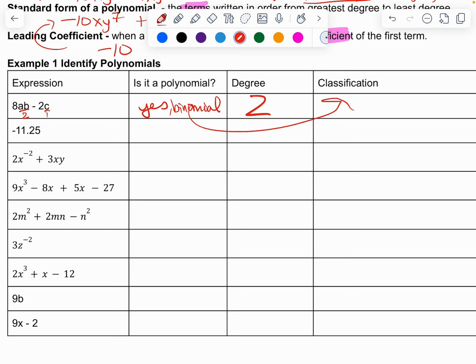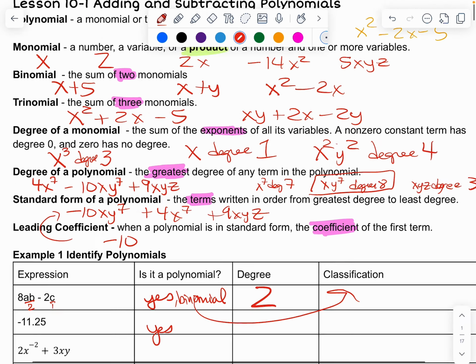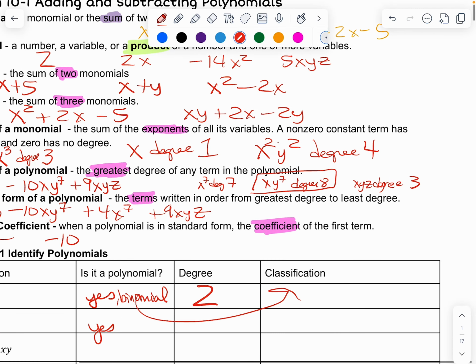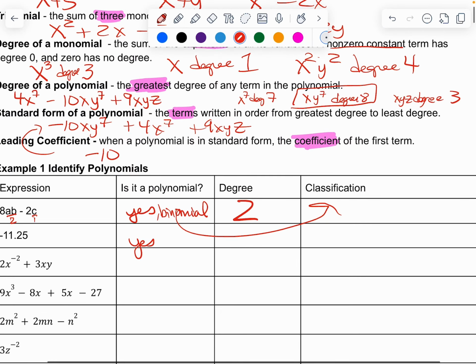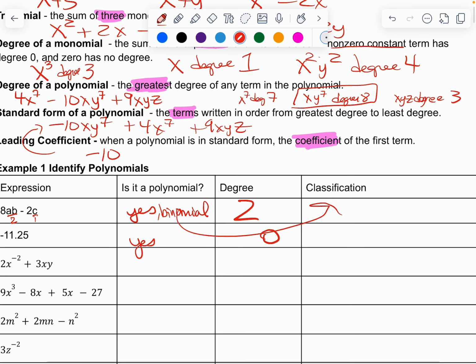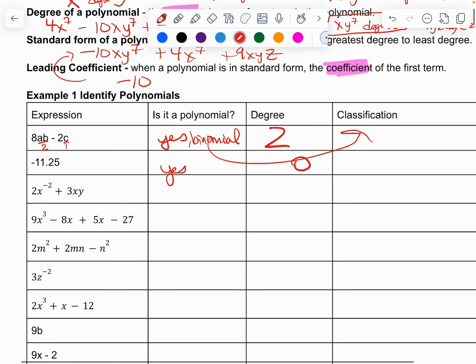Is this a polynomial? Yes, it is, because regular numbers can be. It doesn't have any variables, so a non-zero constant has a degree of 0, and its classification is a monomial.